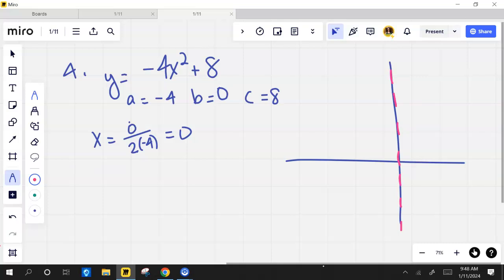I need to find you a sheet so that you have something to follow along with. All right, so now whenever I plug that back in to find where it falls, I get -4 times 0 squared plus 8, which is just 8.